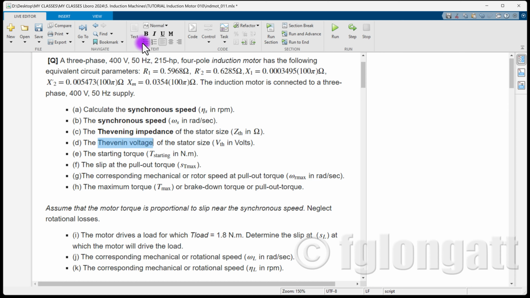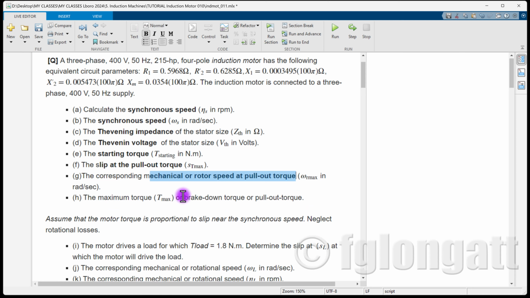And also the starting torque. And here we have the slip at the pull-out torque, and then the mechanical rotor speed at the pull-out torque, and finally the breakdown or pull-out torque in Newton meters.